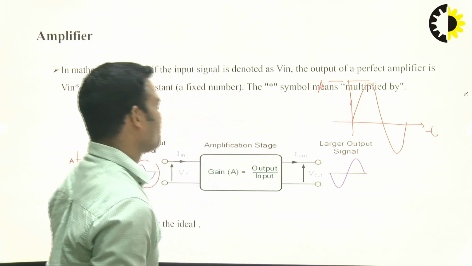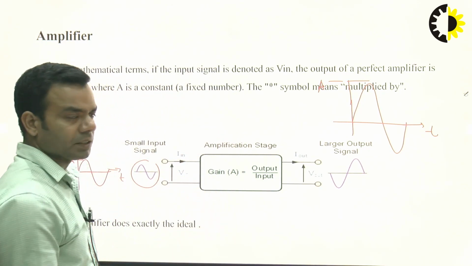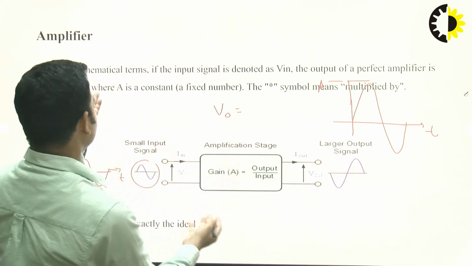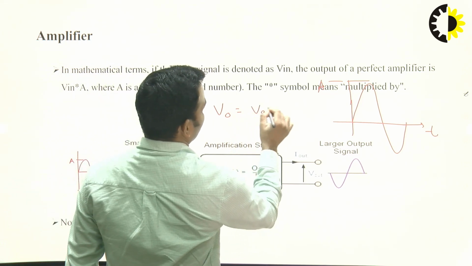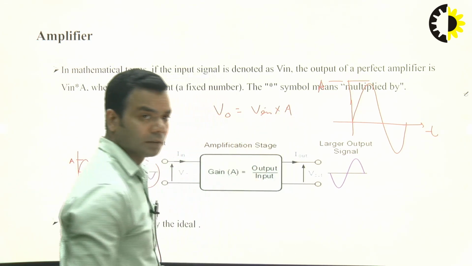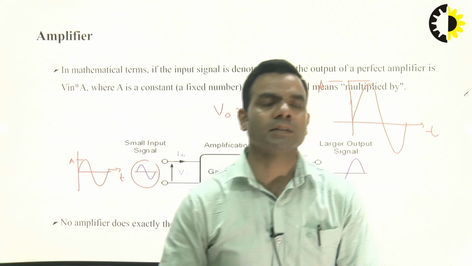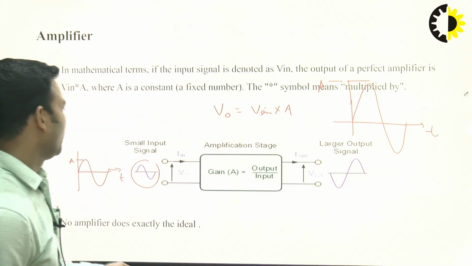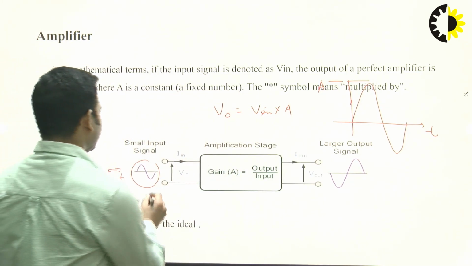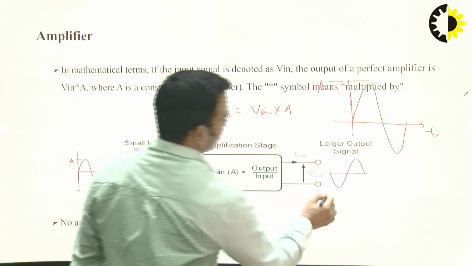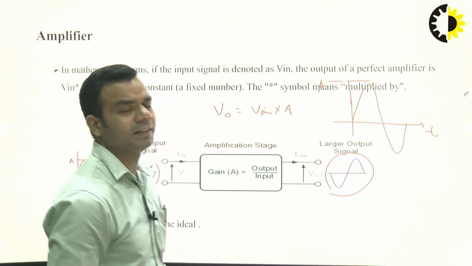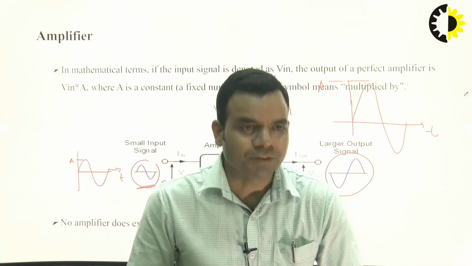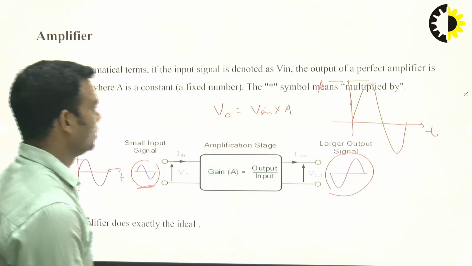Mathematically, you can say that any device whose output is equal to, as you can see here, input multiplied by some constant A, and where A should be greater than 1. And this is one particular example where input and output both are out of phase by 180 degree. As you can see, it happens in common emitter configuration, as you all know this.